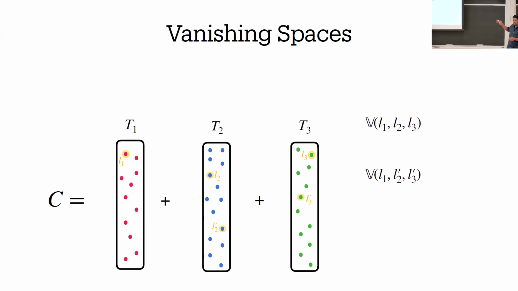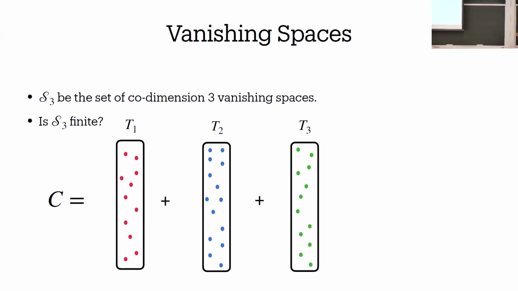Then I know these 2 spaces, and if I take the intersection of their kernels, I can learn L1, which was our goal: to learn linear forms that happen to be in our circuit. So all I need is this list, which we'll call S3, the set of all codimension 3 vanishing spaces.